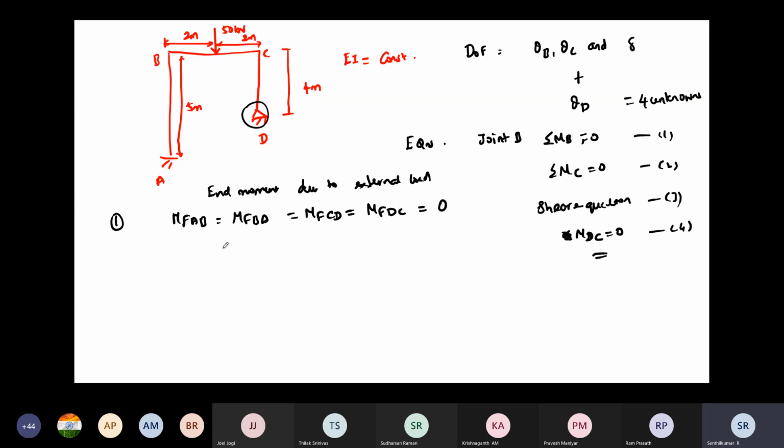Next, MFBC. That will be minus WL by 8, minus 50 times 4 by 8, which equals minus 25 kilonewton meter. So that is MFBC. MFCB will be, since this is anticlockwise and this will be clockwise, plus 25 kilonewton meter. That's all for the loading part alone.